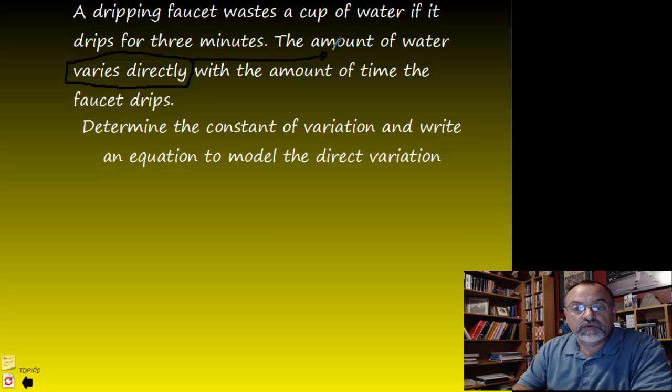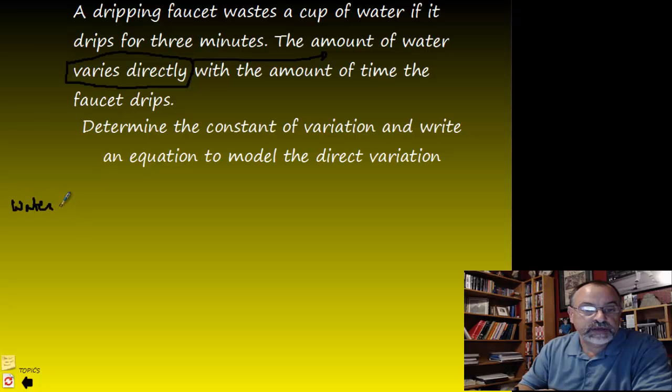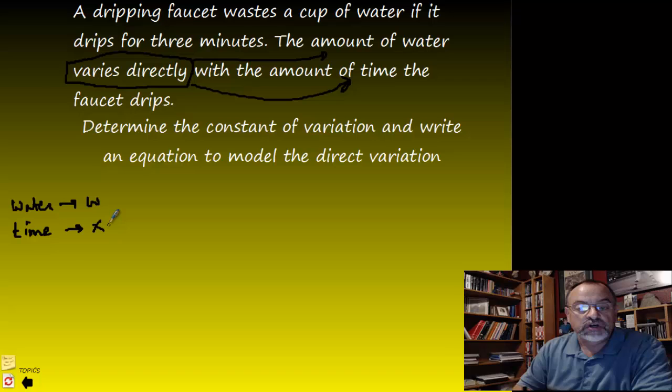The amount of water that drips is going to be my dependent variable. I'm going to use W for that. It varies directly with the amount of time. So time, I'm going to let that be my x. So what's my equation? Y, or W in my case, varies directly with x.